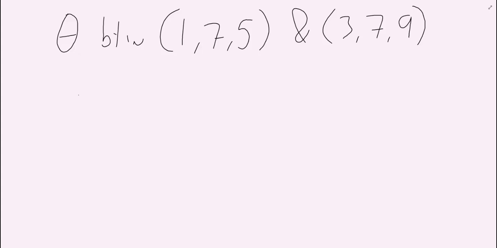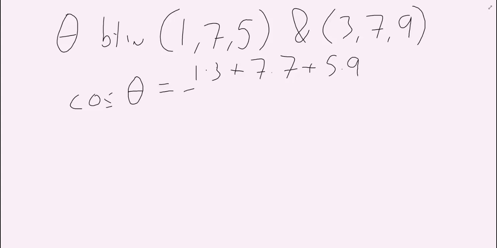Okay, so the cosine of the angle is the dot product between them, being 1 times 3 plus 7 times 7 plus 5 times 9, divided by their lengths, which are the square root of 1 plus 49 plus 25.